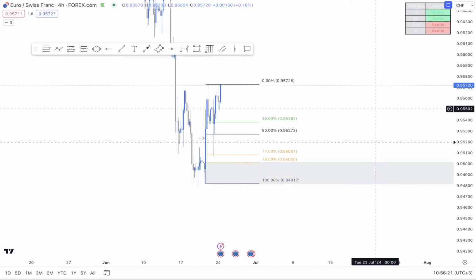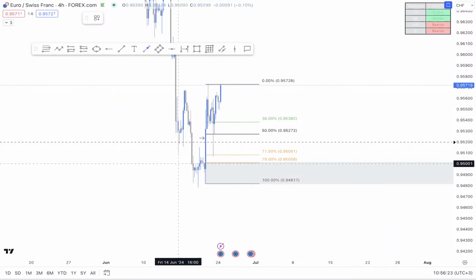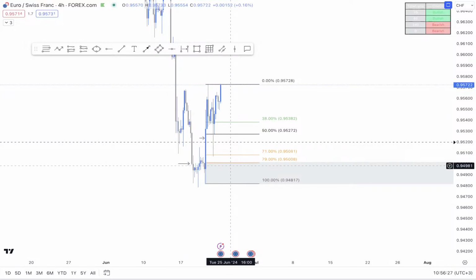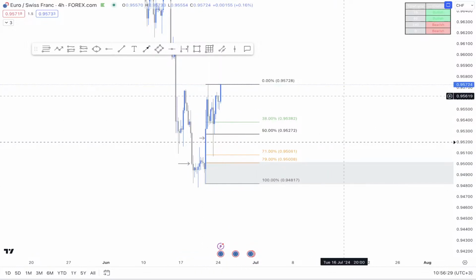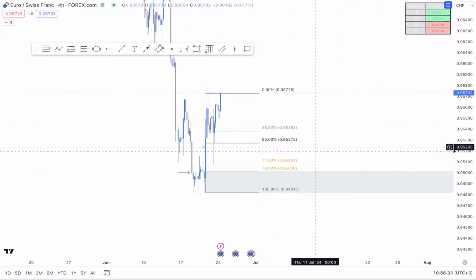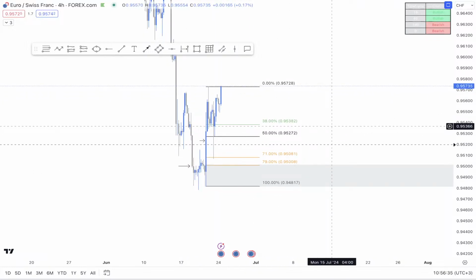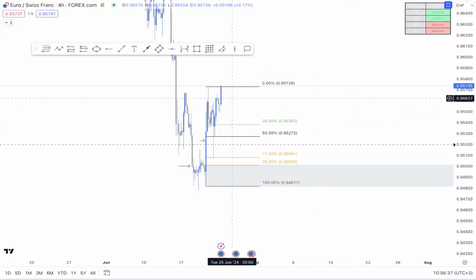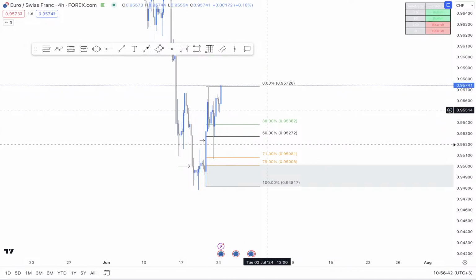Right here, we have a bullish shift in momentum. We swept liquidity with this fake out right here. And immediately after that, we broke structure to the upside very impulsively with this bullish leg. We have this unmitigated order block lining up perfectly with the area of interest. And it is very safe to say that the pullback was a very corrective one as well.